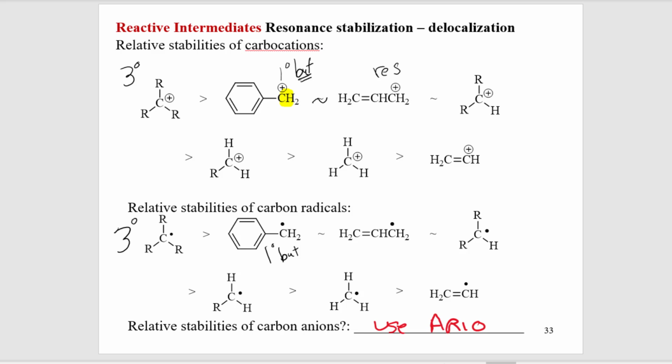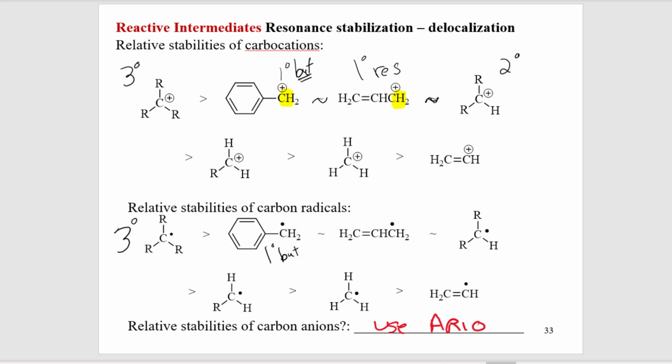These are allylic, but primary but allylic. And that is roughly the same as secondary. So as long as the resonance is about as good, primary with resonance has about equal energy as a secondary.